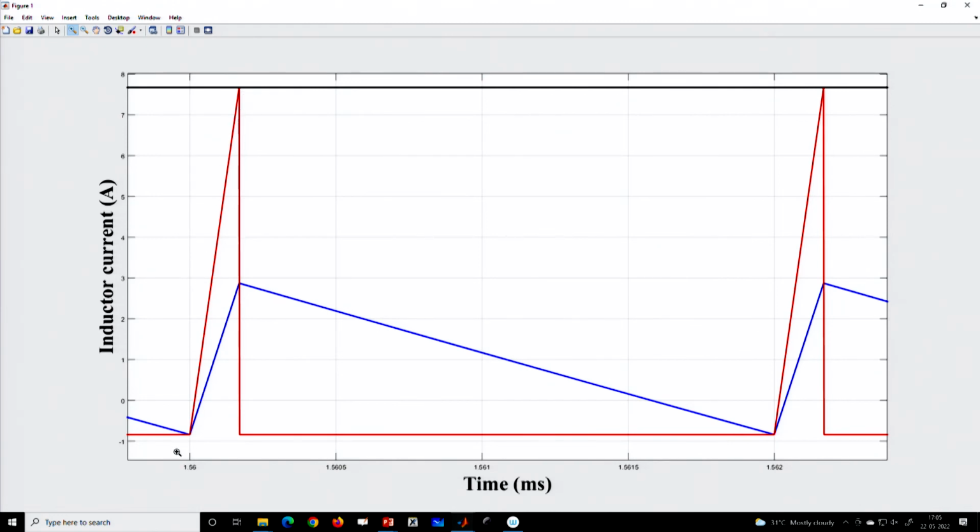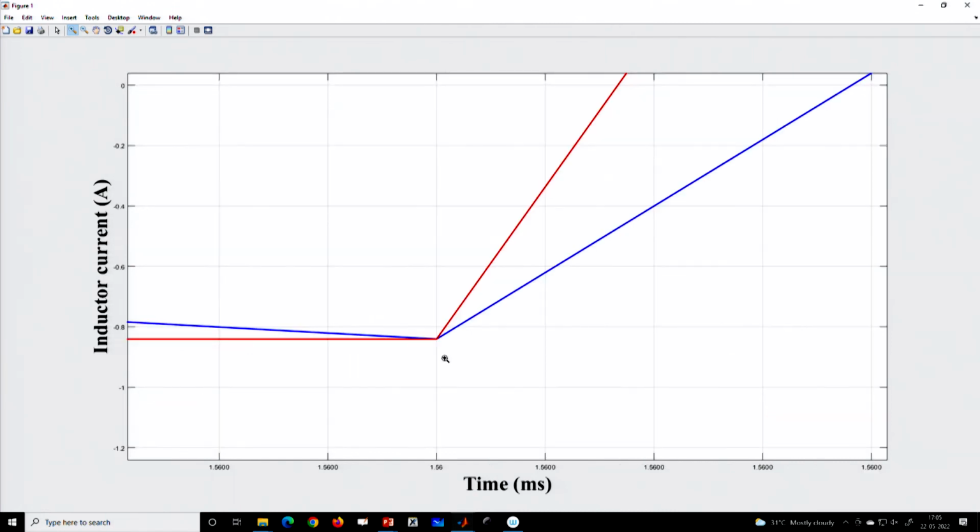I will show you. After adding the sample with the emulated slope, you can see that under steady state, since the valley point repeats exactly every cycle, it will look as if we sampled and then added the ramp. But I will show you the transient case also.